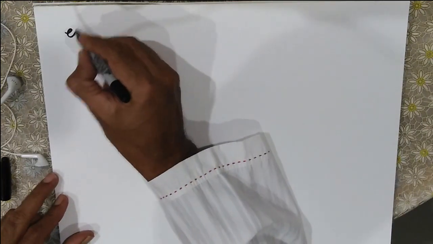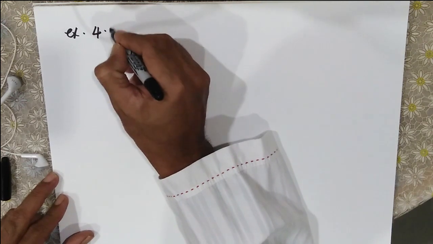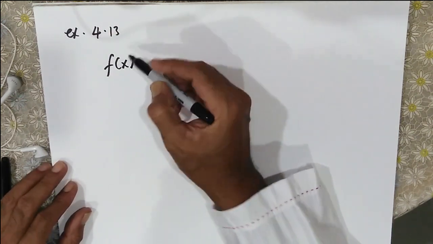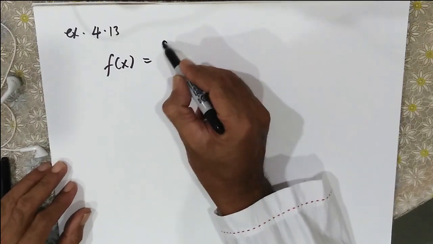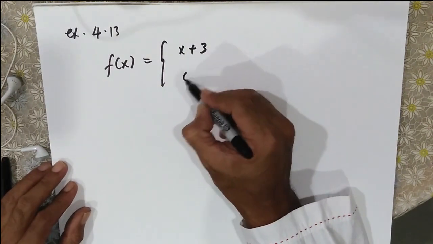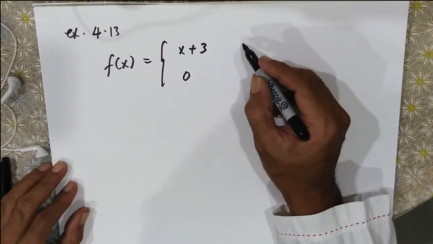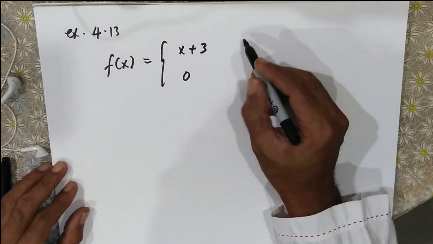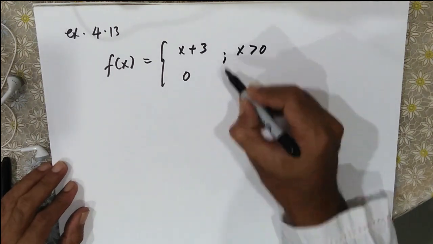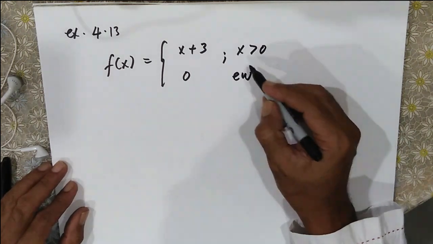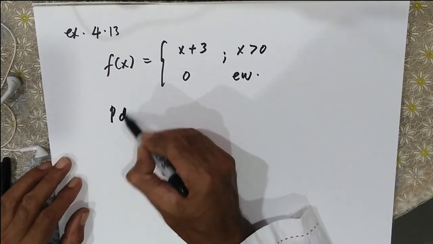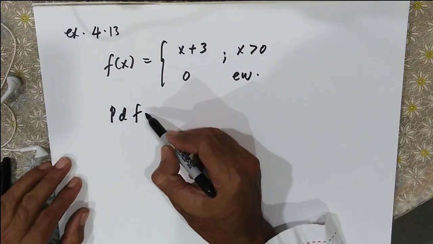My f(x) here is equal to x plus 3 for x greater than 0, and 0 elsewhere. I want to find the probability distribution function.